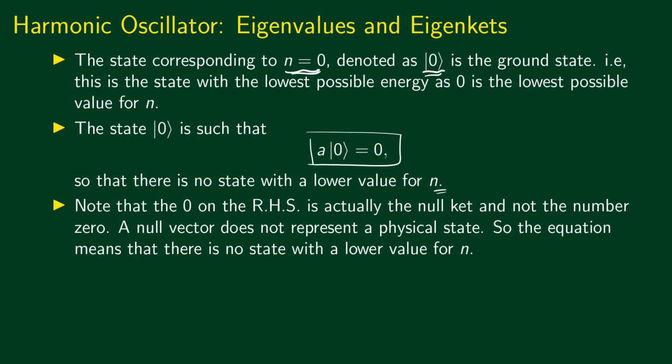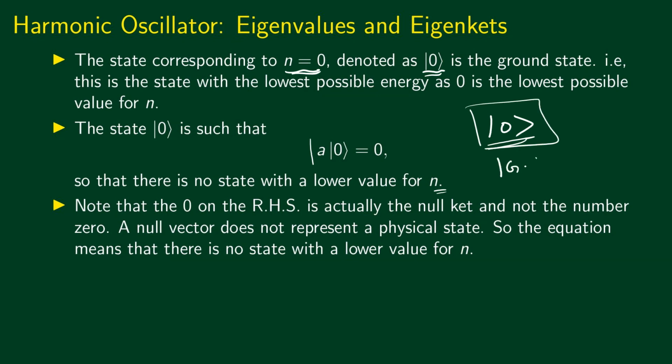Now you should not confuse this with the label ket 0. This is not a null ket. This is just the ground state, and 0 here is just the label for the state. Whereas this 0 here is the null ket. Don't get confused by this notation.